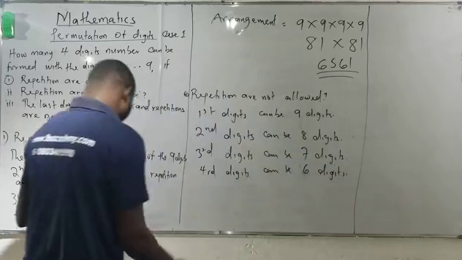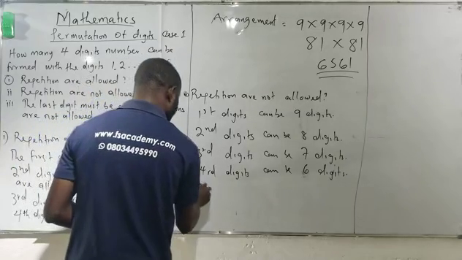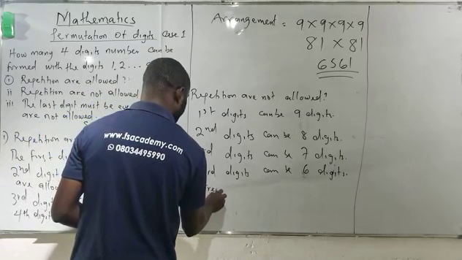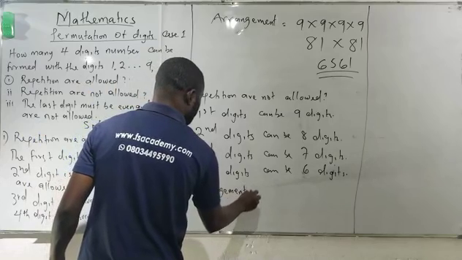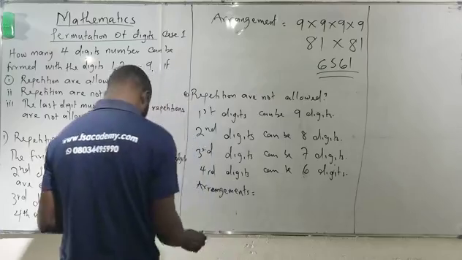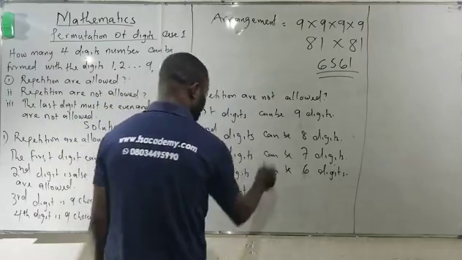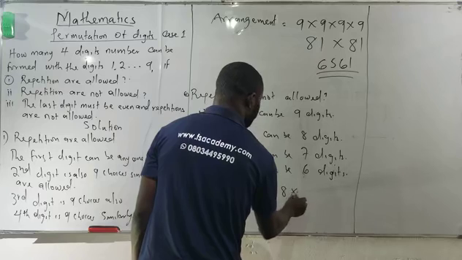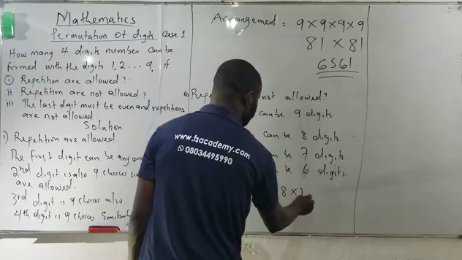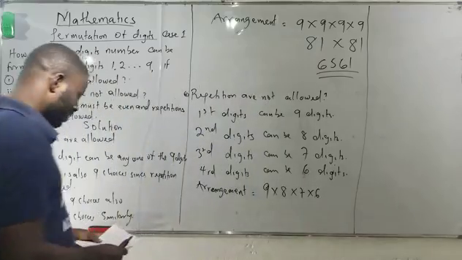Now, in terms of arrangement, how will I arrange it? My arrangement will be equal to 9 multiplied by 8, multiplied by 7, multiplied by 6. That is just it.